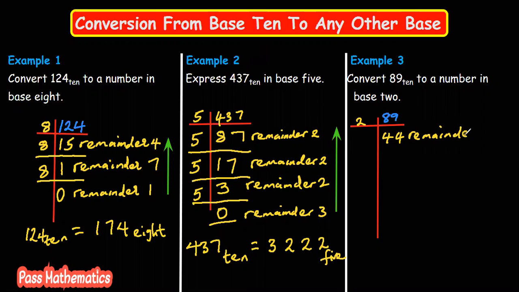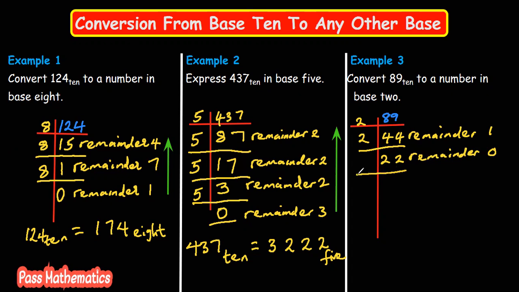So our remainder here is 1. We continue again, we use 2 to divide. 44 divided by 2 is 22, and then our remainder here is 0. There's nothing that remains, so we write 0 as a remainder.